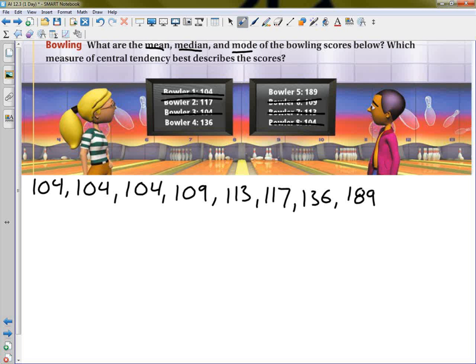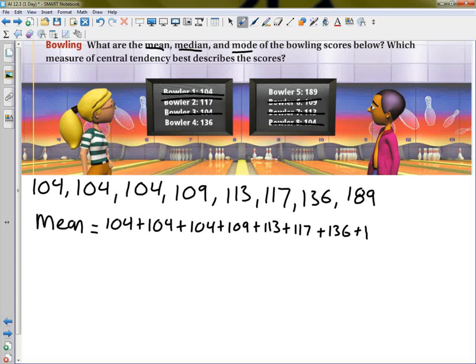Let's start off with mean. All right, so that's the first one. Mean is where we find the average, so I'm going to add all of these numbers together and then divide by the total amount, or 8, because there were 8 bowlers.